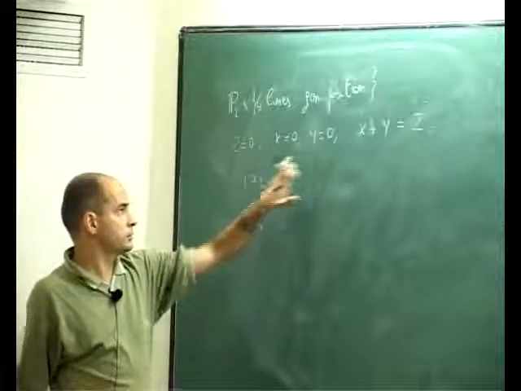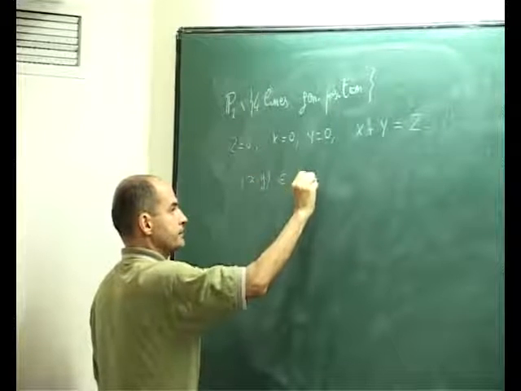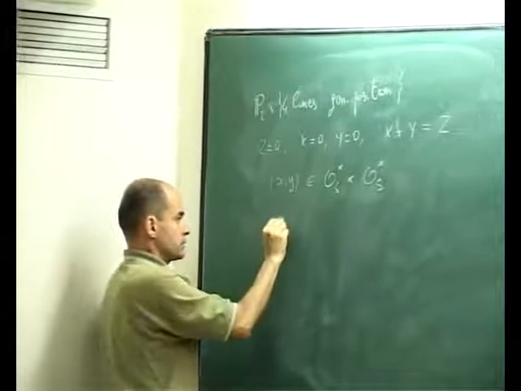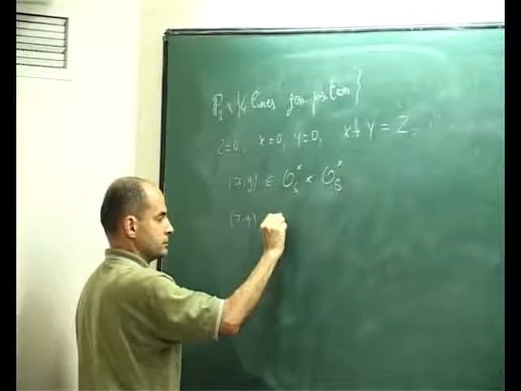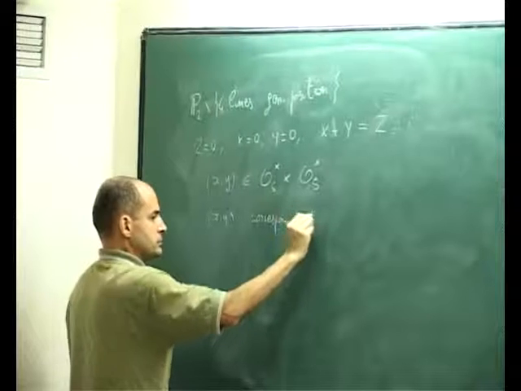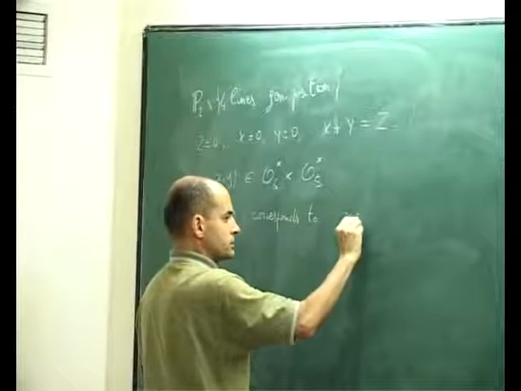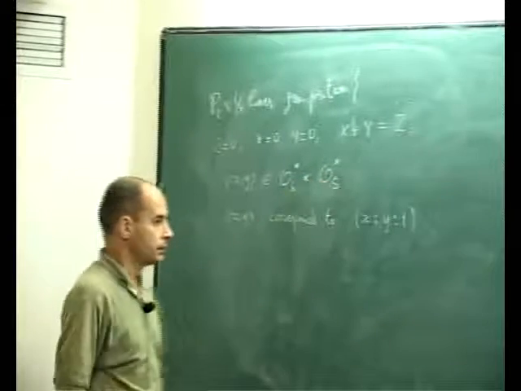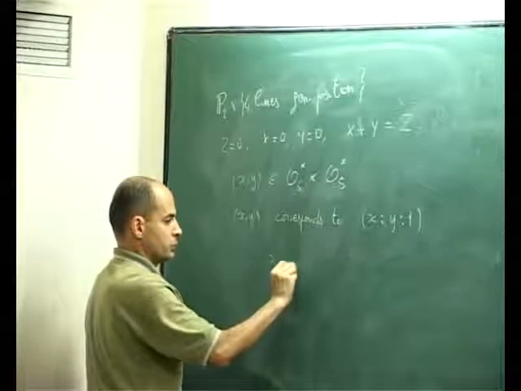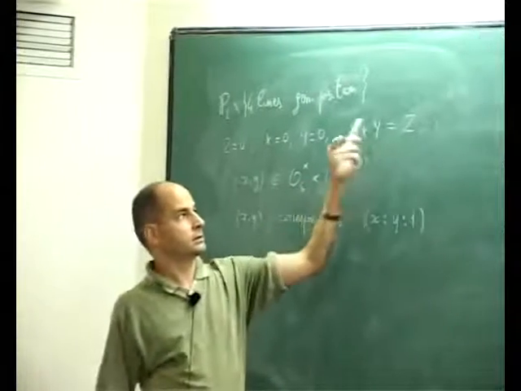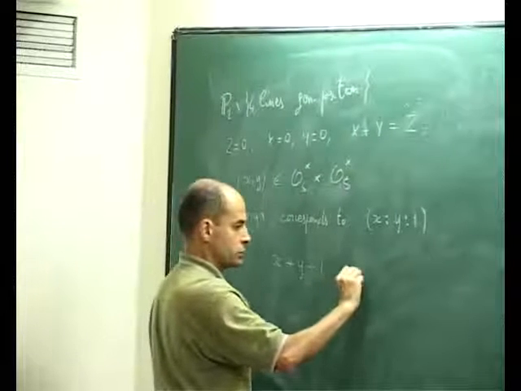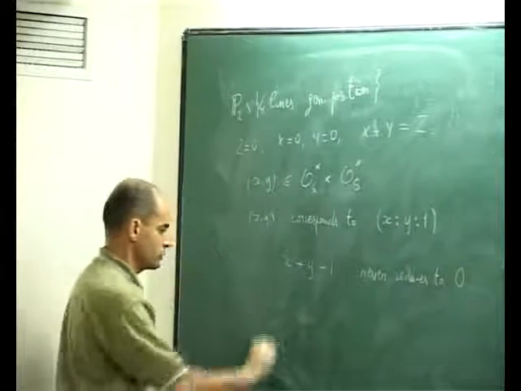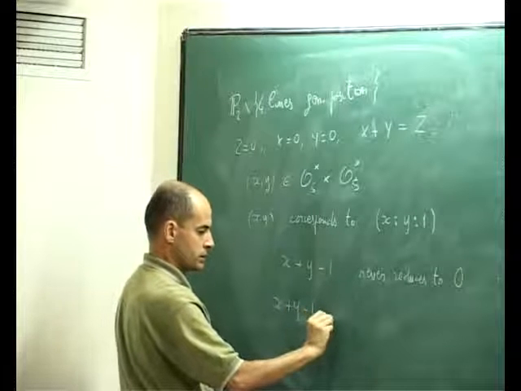The first three integrality conditions give points in OS cross times OS cross, and x, y corresponds to x, y, 1, and we want that x plus y minus 1, so you take that on the other side, never reduces to 0. So x plus y minus 1 is a unit.